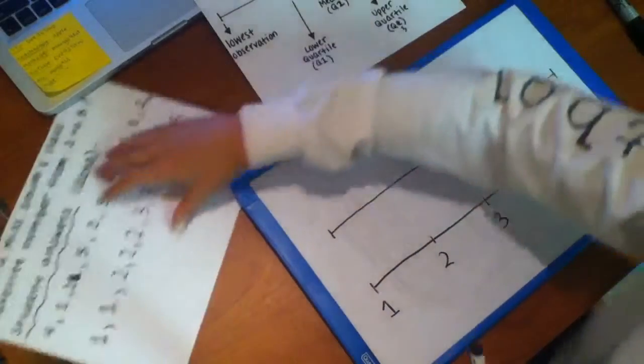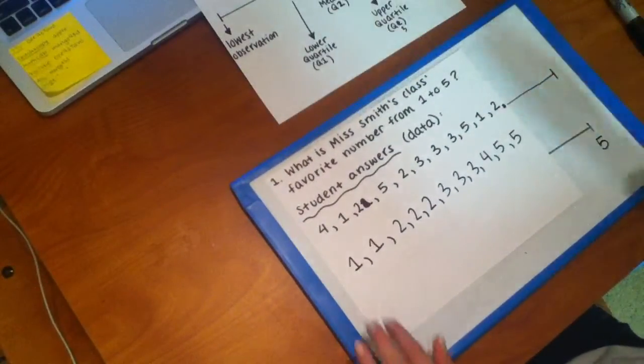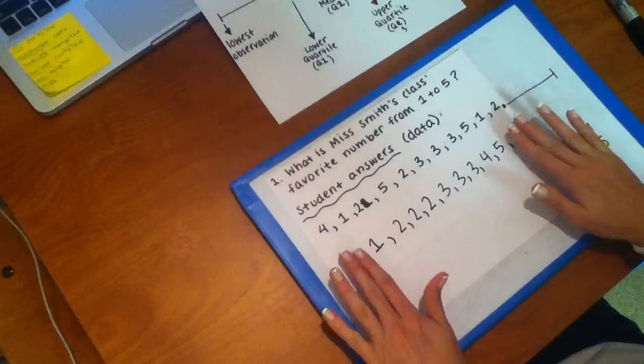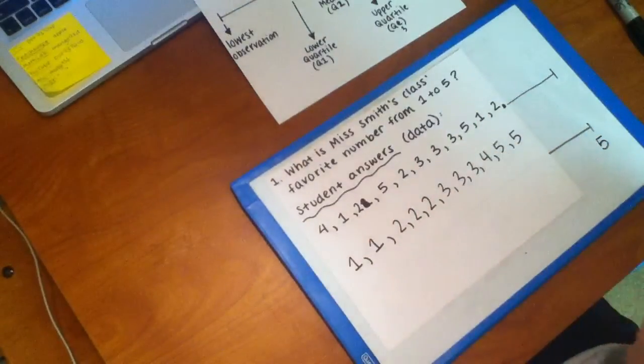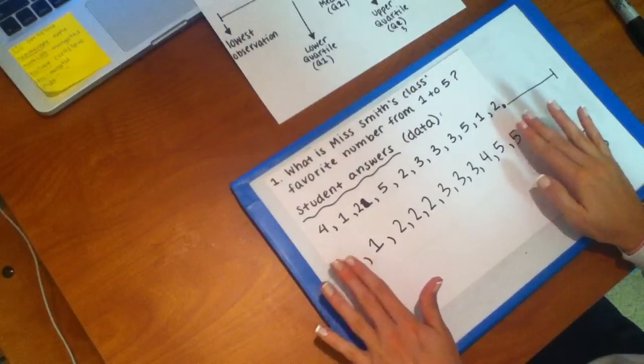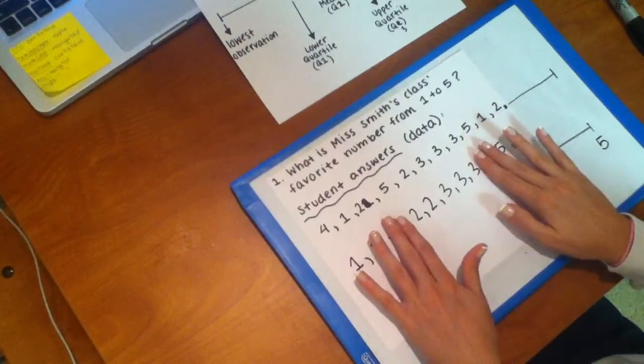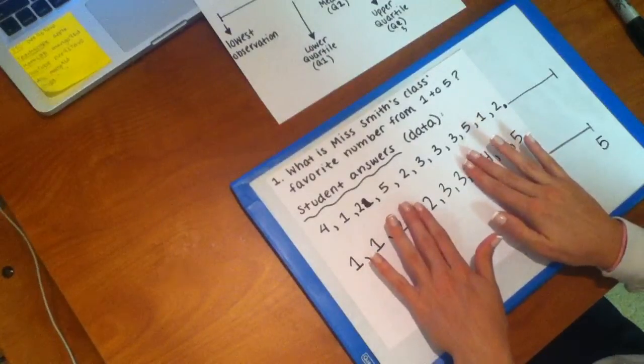So our next step is to find the median of these numbers. The way that I usually do that, once it's in order, is to go from the outsides and find the middle number, that's the median. So I like to start on the outside and just block off that number. So block off those, to those, to those. Make sure you're always going one at a time on each side.